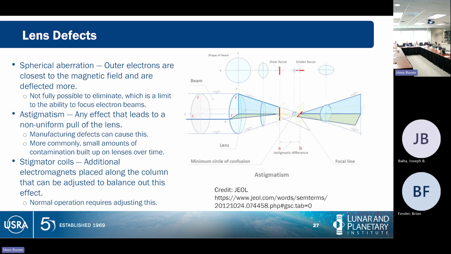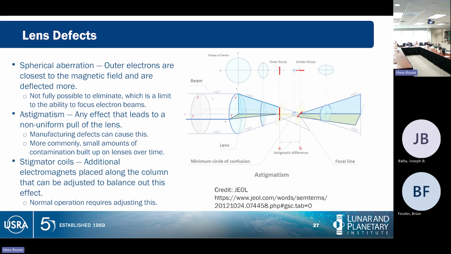Electron lenses have several known sources of error. I don't think we call these flaws. These are the things that you need to manage in an electron lens. By the fact that it's a magnet, electrons that are closer to the magnet will feel the magnet more than electrons in the middle. This is one of those magnetic forces that varies by the distance squared.